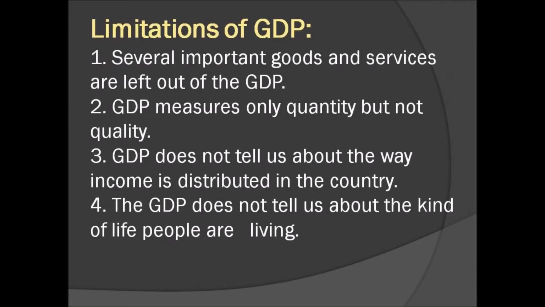Limitations of GDP. There are certain limitations in calculating the GDP. Several important goods and services are left out of the GDP. The GDP includes only the goods and services which are sold in the market. The services provided by parents to their children is very important, but this service is not included in the GDP because it is not sold in the market.